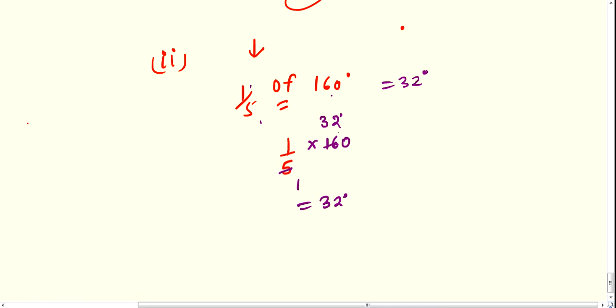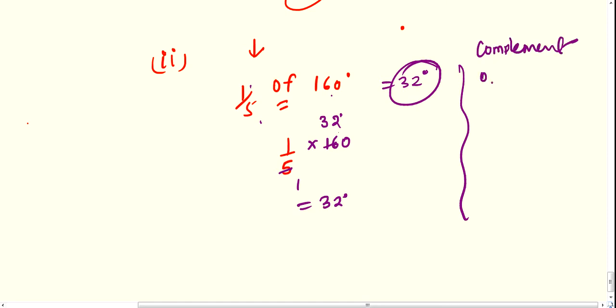Now we have to find complement. So simply we will subtract this value from 90. So you have to write complement of 1 by 5 of 160 equals to 90 minus 32. So 58 degree is your required answer.